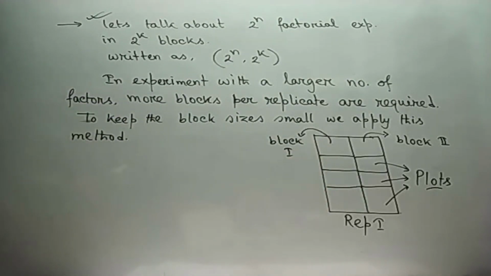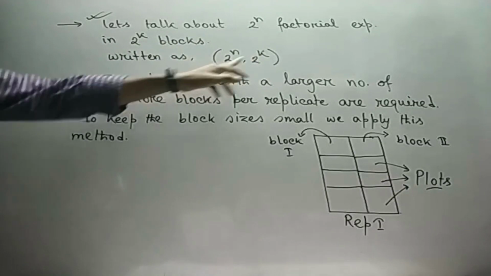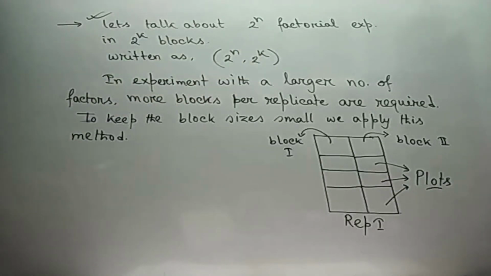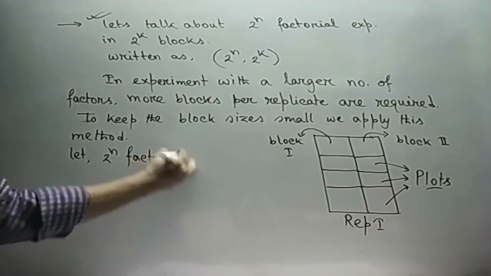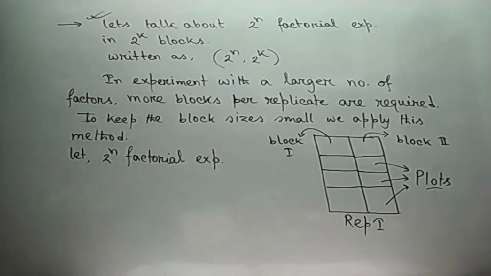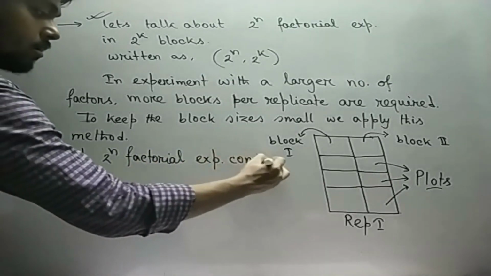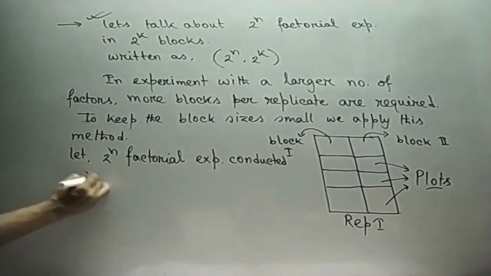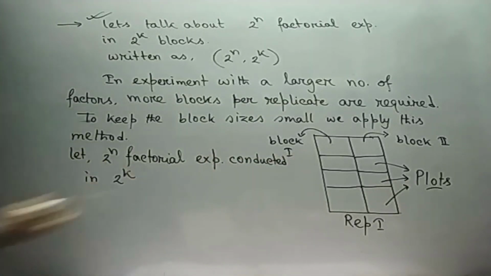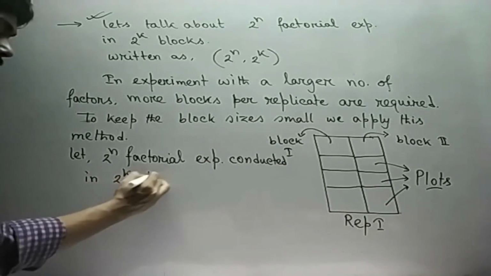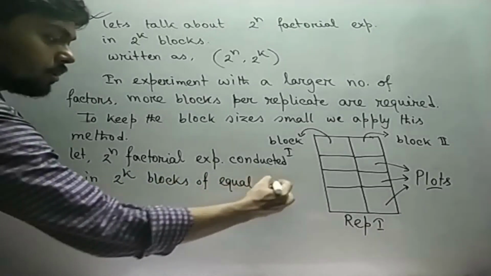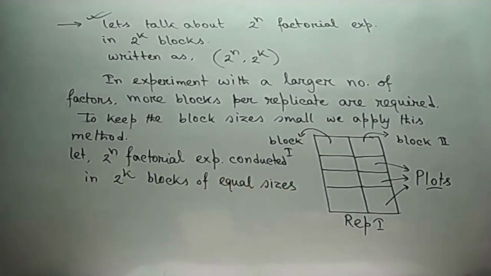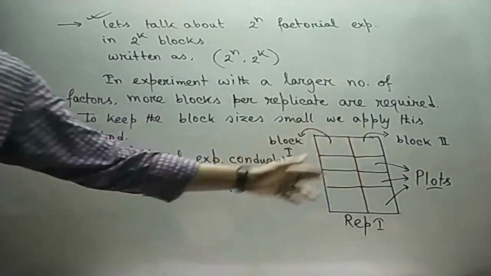Let's remember that if we have a 2 to the power n factorial experiment conducted in 2 to the power k blocks of equal sizes, you can see that this block 1 and block 2 both have equal size.